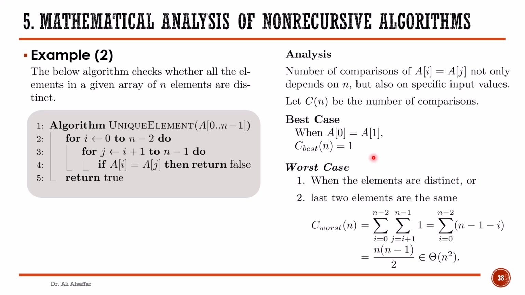On the other hand, if the array contains no duplicates, or the only duplicate is at the end, for example the last two elements, then the algorithm must perform all possible comparisons, which corresponds to the total number of iterations in the inner loop. This total can be calculated by summing over the two nested loops, resulting in a big theta n squared complexity. Let me now walk you through the details of this result.